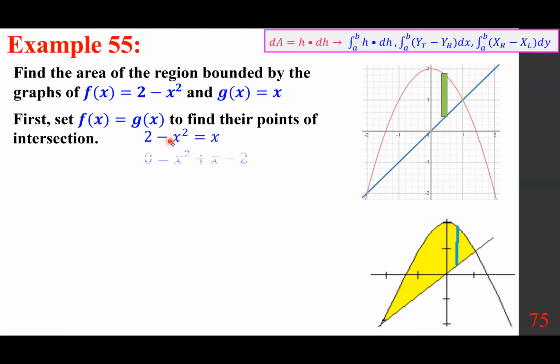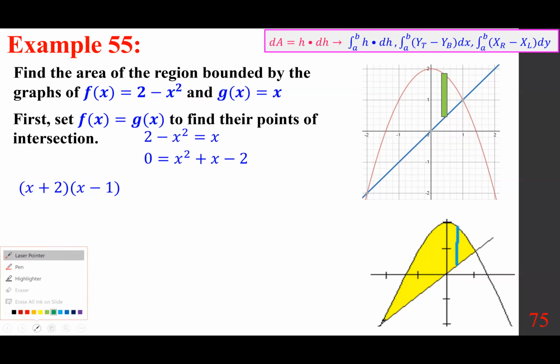It's a simple case of x plus 2 times x minus 1, set equal to 0. So x equals negative 2, x equals positive 1.